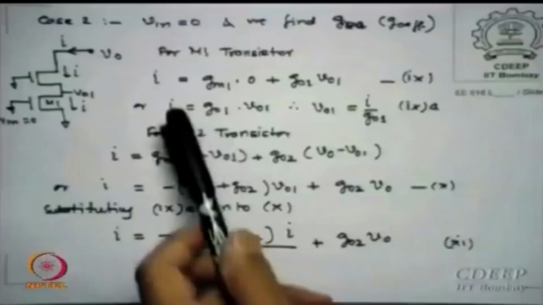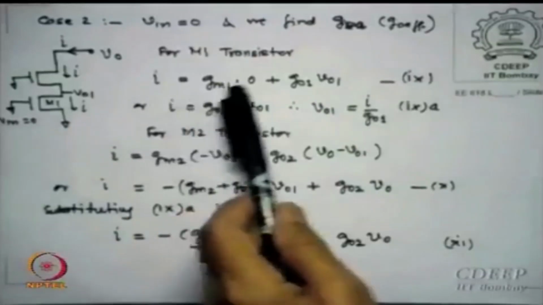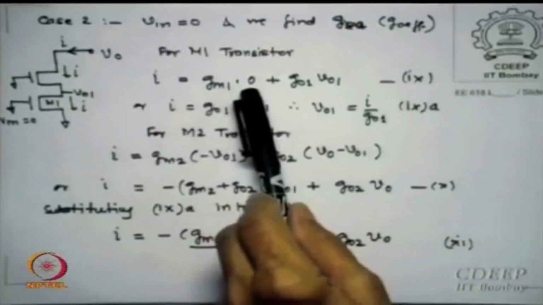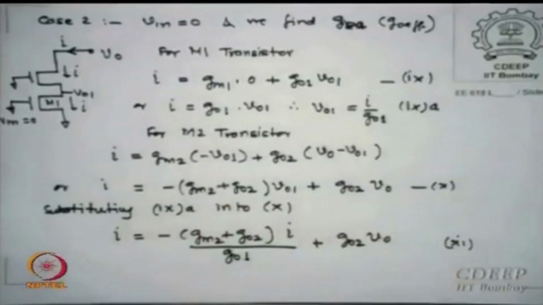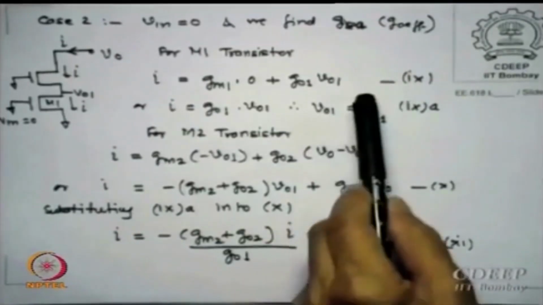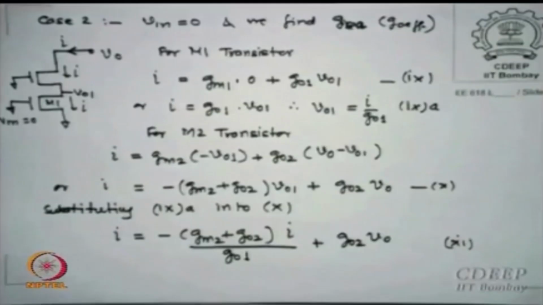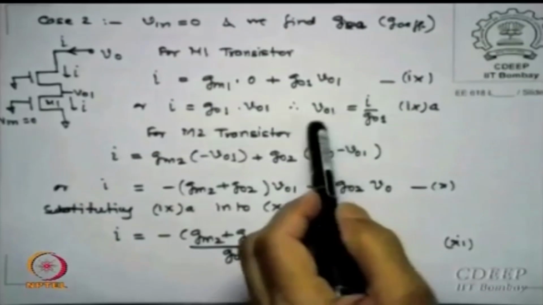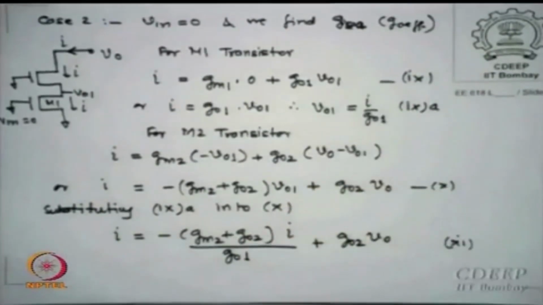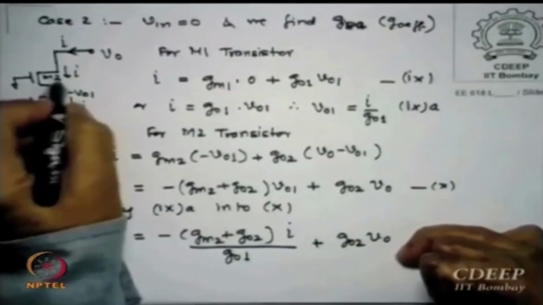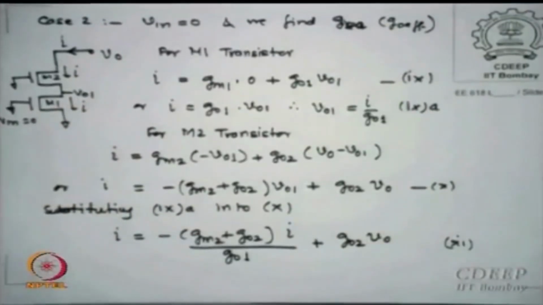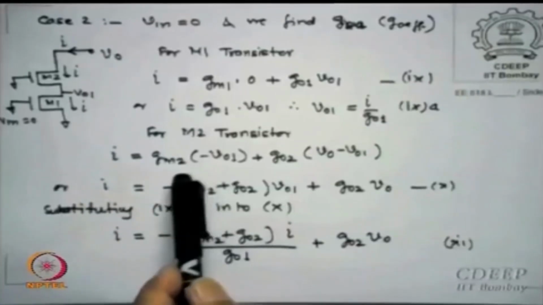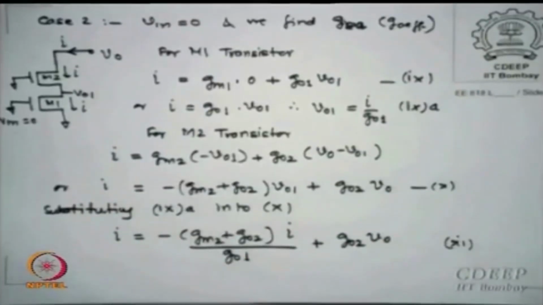For the M1 transistor Vin is 0, so gm1 into 0 plus go1 into Vo1 gives I, or to say Vo1 is I by go1, is that okay? For the M2 transistor, the upper one, the current is gm2 times Vgs.